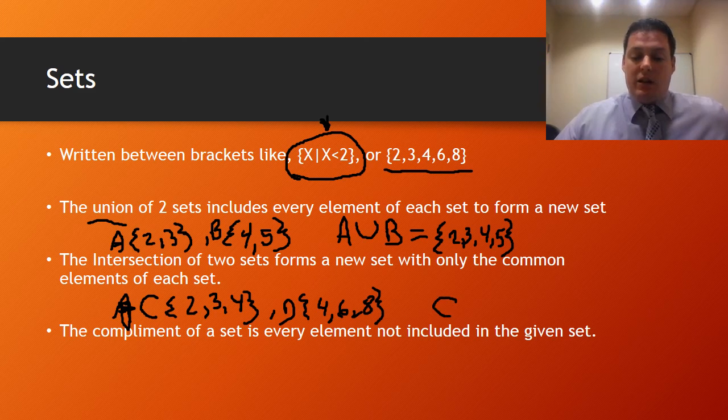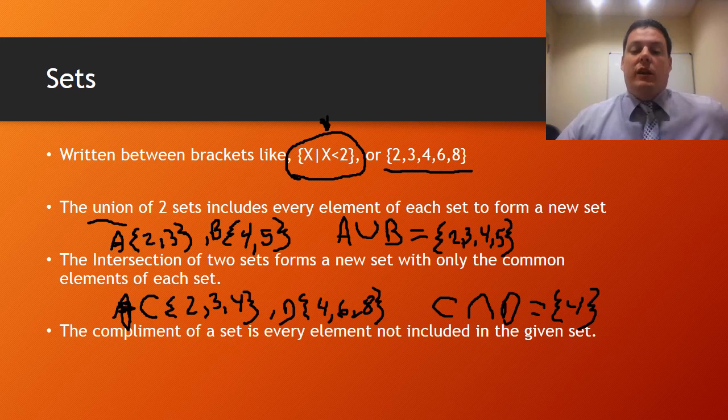Then the intersection, which is the opposite of union, is written as an upside down U. The intersection of sets C and D is the common elements of those. The only thing in common in those sets is the number 4. So the intersection is only using common elements. The union is using all elements.